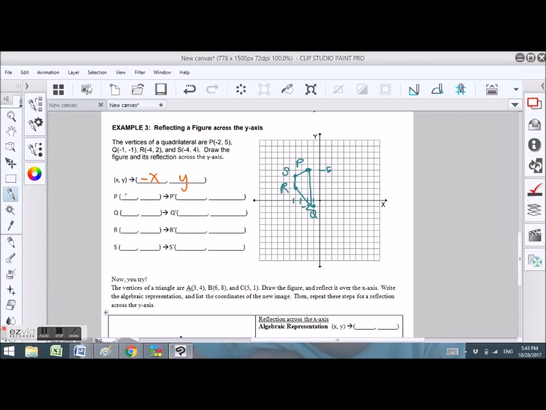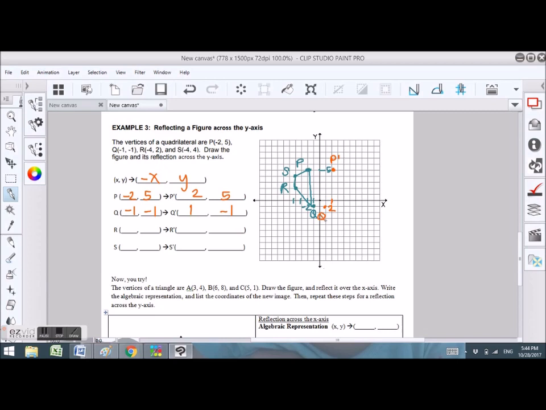So we can go ahead and fill in the values we know. P is (negative 2, 5). So if x becomes negative, then we know that negative, negative 2 becomes positive 2. And the 5 stays the same. So here we have P prime. So we have (2, 5). For Q, we're given (negative 1, negative 1). So given a negative, negative 1, we get positive 1, negative 1. So (1, negative 1).